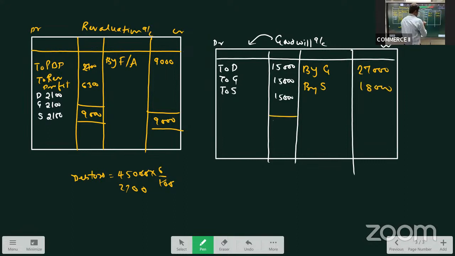This is how goodwill account is closed. Goodwill amount will not appear in the balance sheet because we have written off the goodwill amount. Clear?